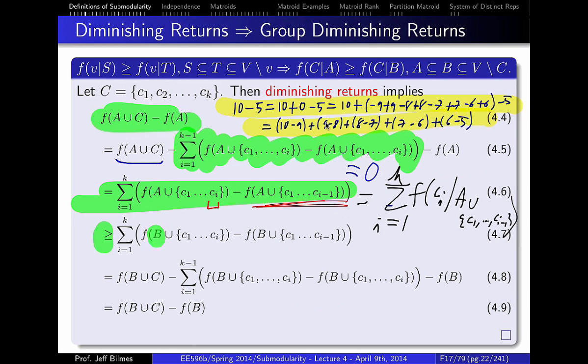We've just grown the context from A to B. But now we just break things apart, use the same kind of stuff that we did here, same stuff that we did there, and go backwards, and we've got this bit. But now we're left with this, which is just 0 again. And so what we end up with is our final result, which is this.